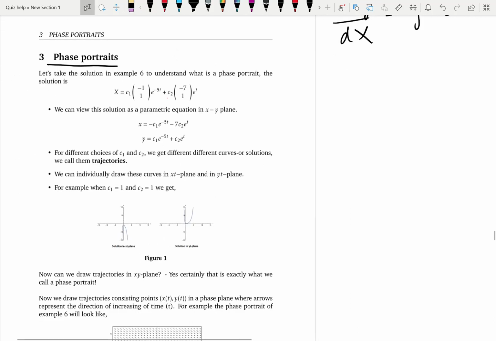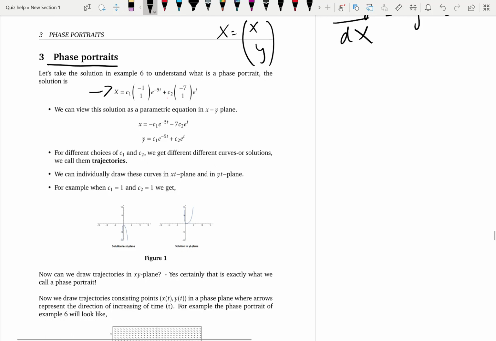Now, we have to start with a solution. So let me take a simple example of a solution of a system of differential equations. We are only dealing with two-dimensional systems in this lesson, which means we have two dependent variables, x and y.